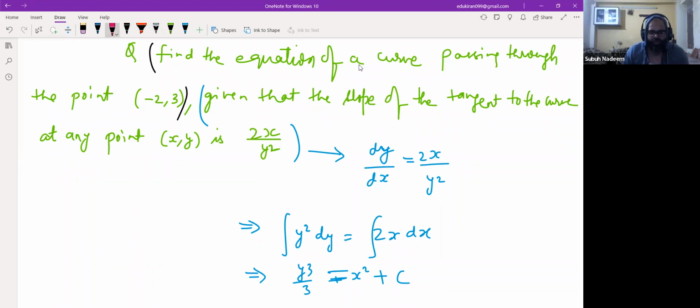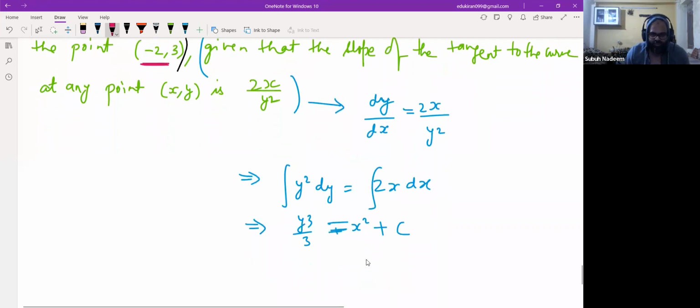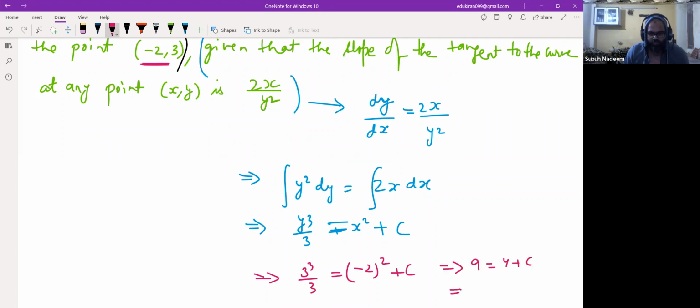But it is given that find the equation of curve passing through the point minus 2, 3. That means x is minus 2 and y is 3. So this is what we have to do, as I told you earlier, though that is not a part of the syllabus, that is going to help you here. So x is equal to -2 and 3 cube by 3 plus c. This will give you 9 is equal to 4 plus c. So c is equal to 5.